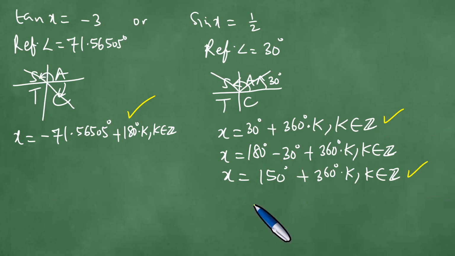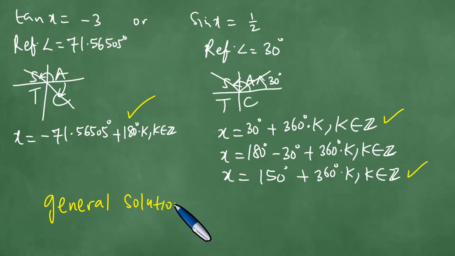So we have already solved this particular question in detail. This solution we've got to mention is called the general solution to the trigonometric equation. General solution because it is in terms of k, which is an integer in each case.